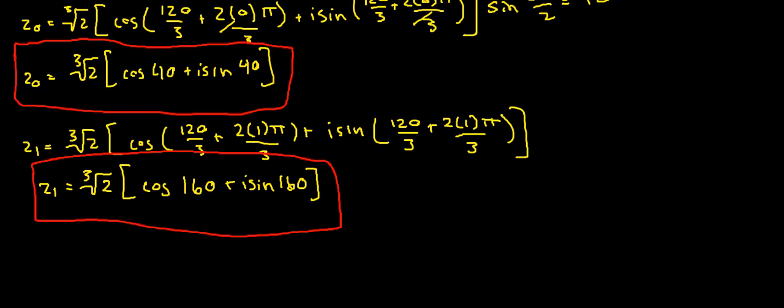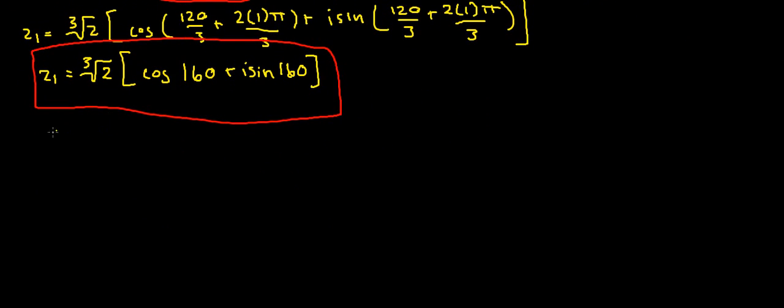And the last one. It's just going to be the same thing, but k is now 2. Cube root of 3. Still 120 over 3. I mean, this is not necessary. I'm just putting it there just to reinforce what the formula looks like.